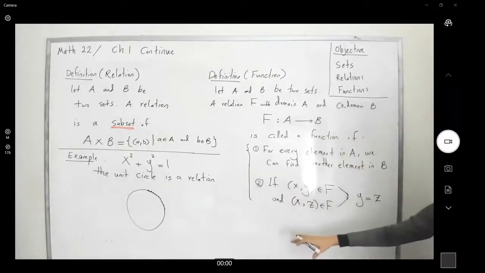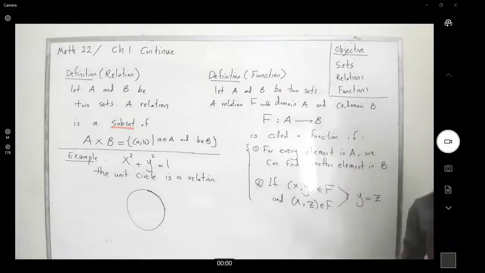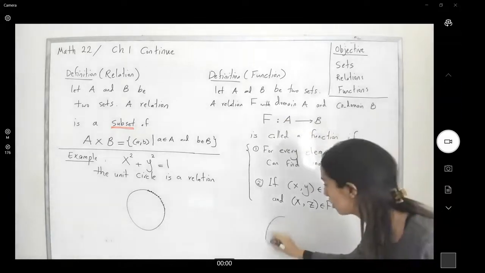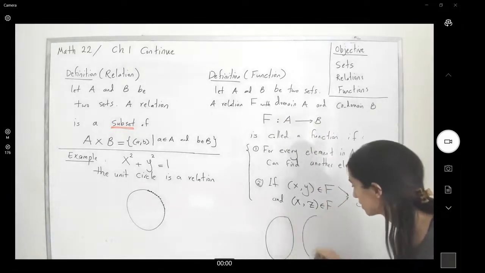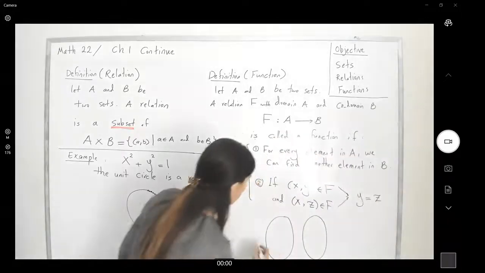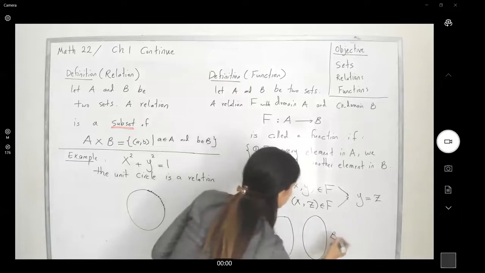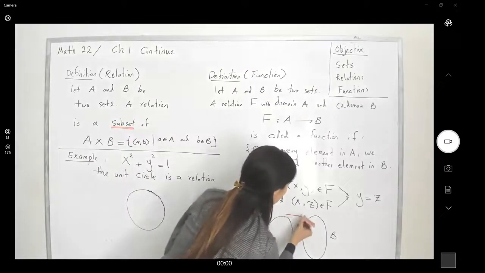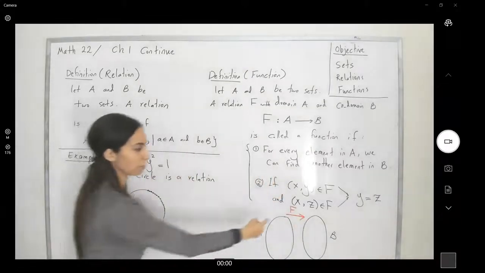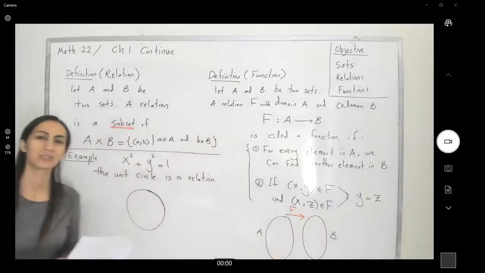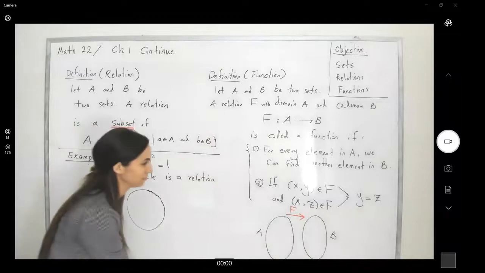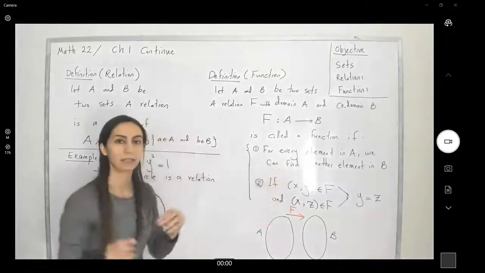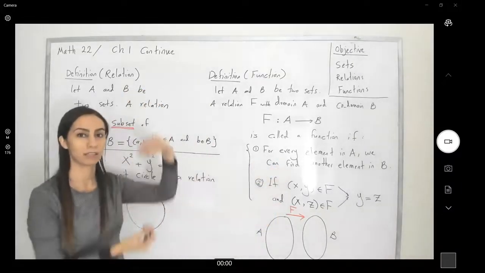If these two conditions are met, we say that F is a function from A to B. We usually use arrows to represent this relation from A to B. This is your F, taking elements from A, mapping them to set B. So remember that the second condition is equivalent to the vertical line test.